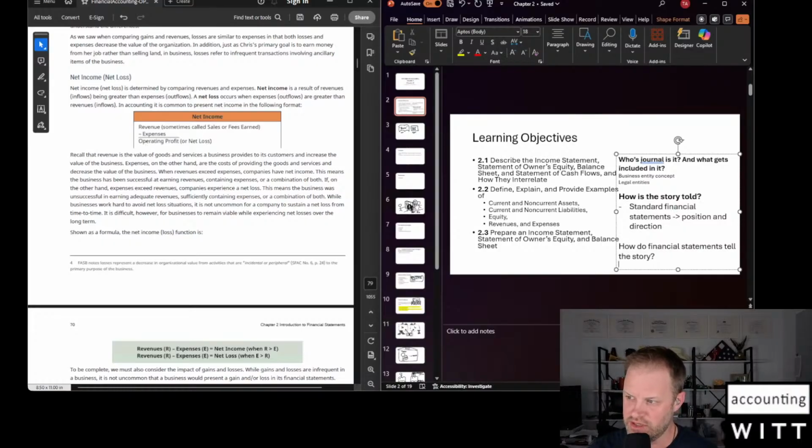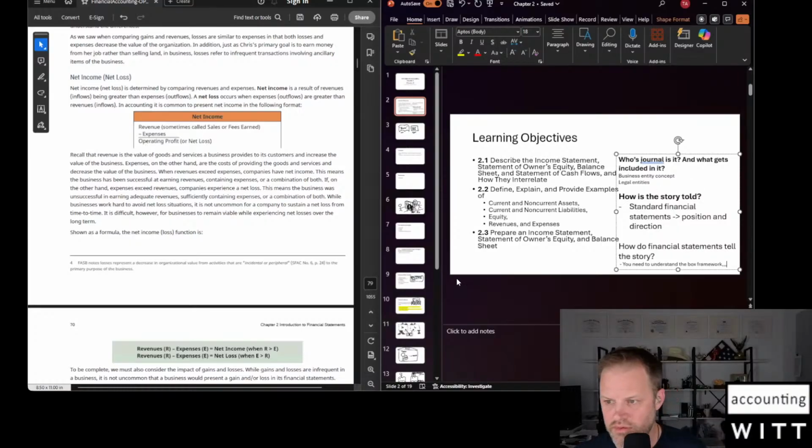How do financial statements tell the story? You need to understand the box framework.